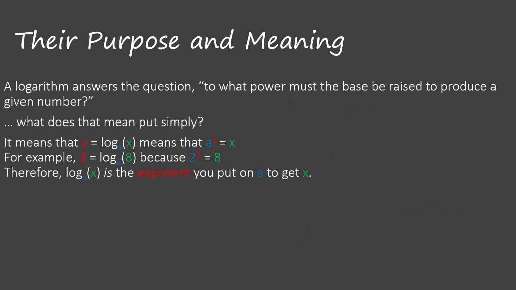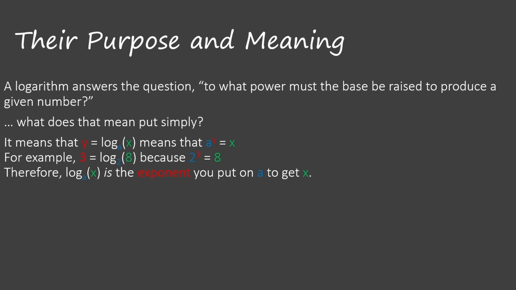Okay, and with their purpose and meaning, a logarithm answers the question, to what power must the base be raised to produce a given number? Now, what exactly does that mean? It means that y equals log base a of x, and what that means is that a to the power of y equals x.